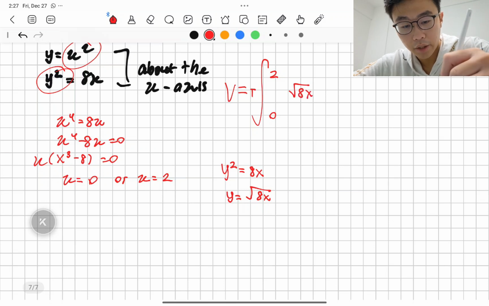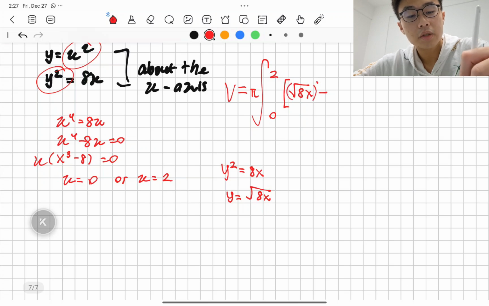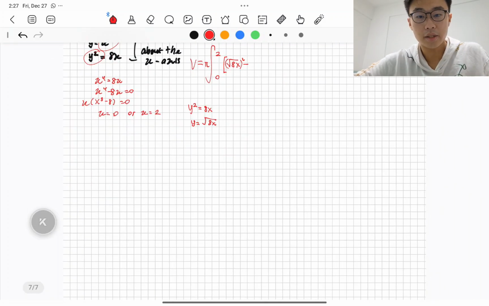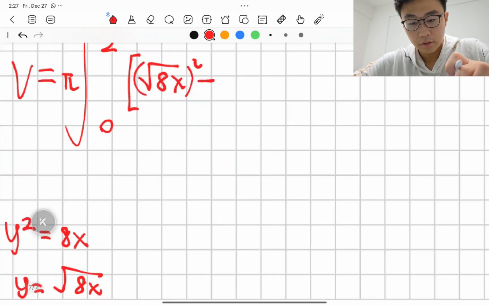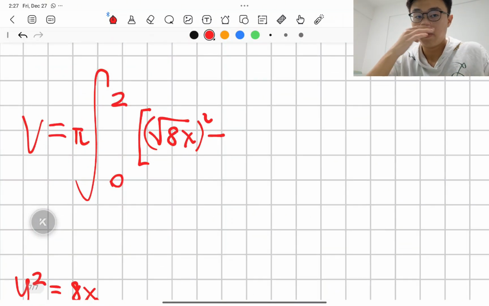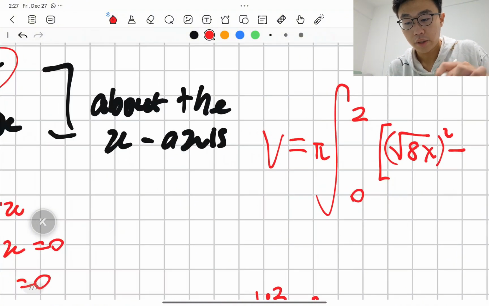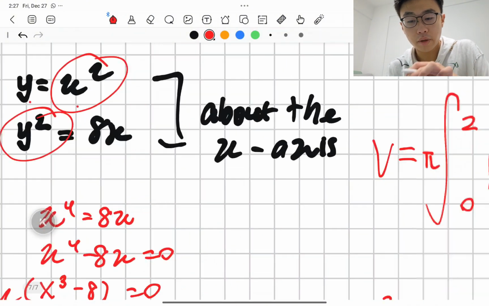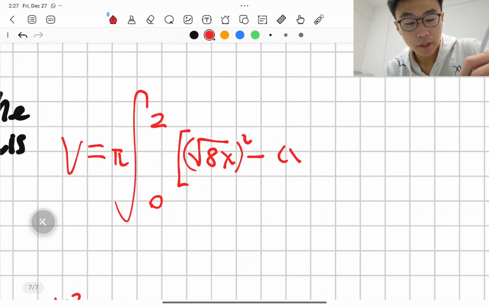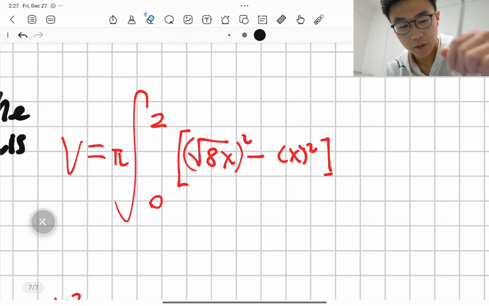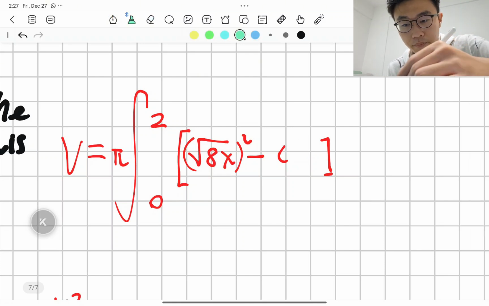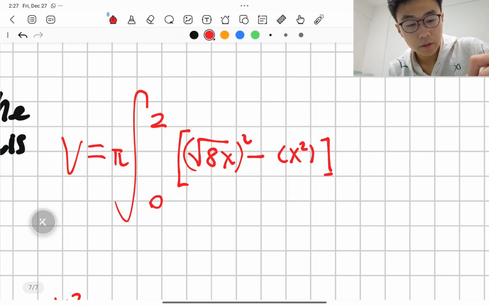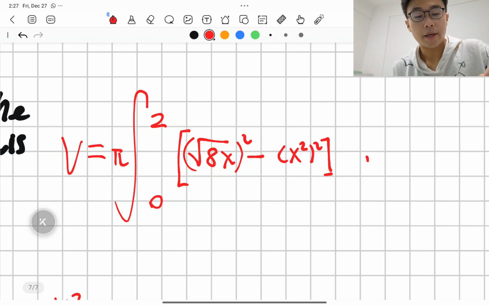Let's put the pi in front here, and it is squared because it's a radius. Now it's minus the inner radius, which is already given here, y equals x squared. So it's x squared, squared, dx.